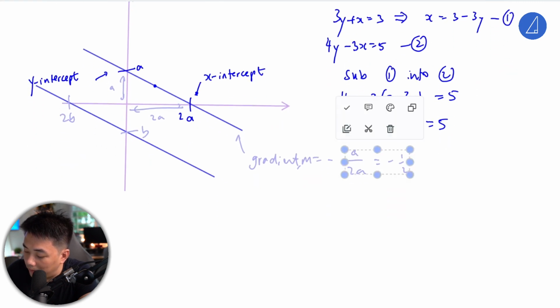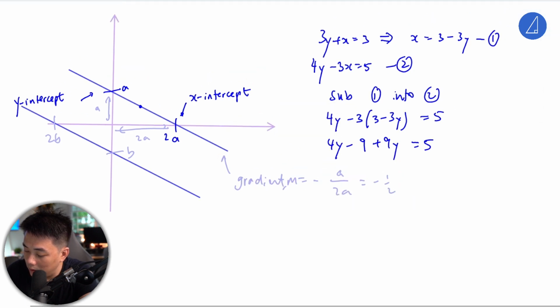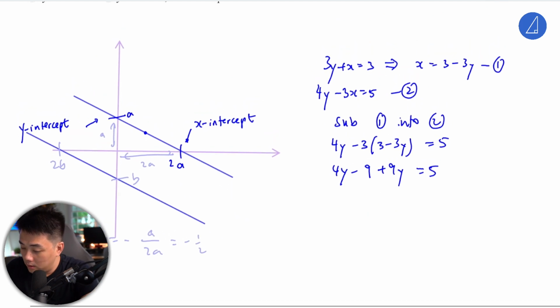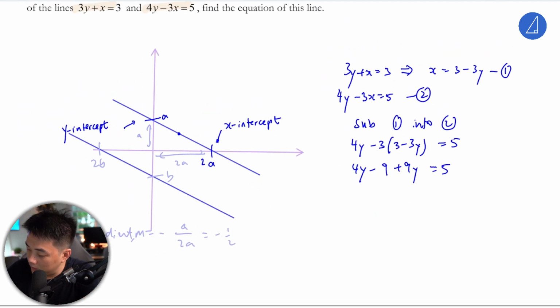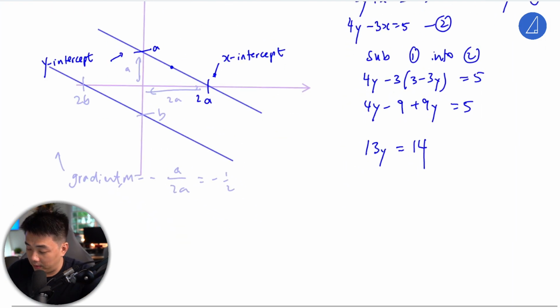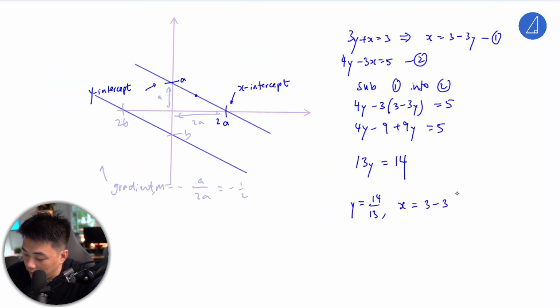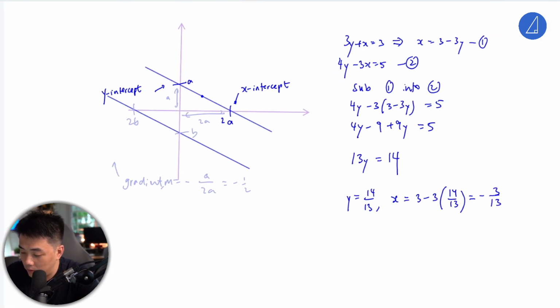That will give 14y equals 14 over... 13y equals 14, so y equals 14 over 13. Then x equals 3 minus 3 times 14 over 13, which gives negative 3 over 13.